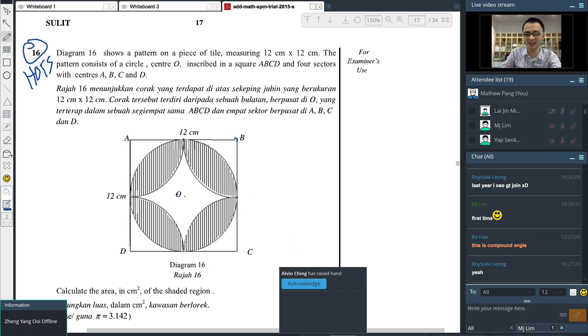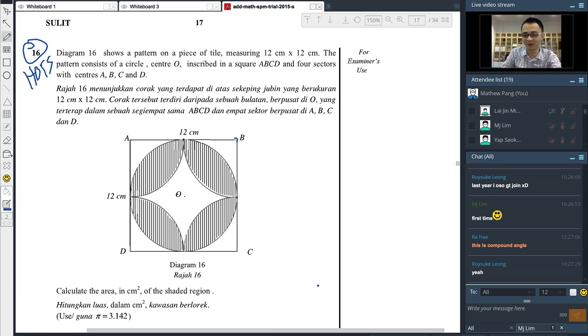But someone raised a hand here. Any problem, Alvin? If not, I'm going to move on. For this question, I will try to separate it out.